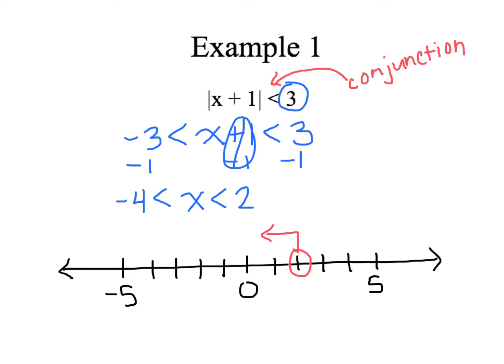And x is greater than negative 4. So 1, 2, 3, 4. Right here. It's greater than negative 4. So many times you're going to see it drawn like this. It'll be colored in to show that it's between negative 4 and 2.